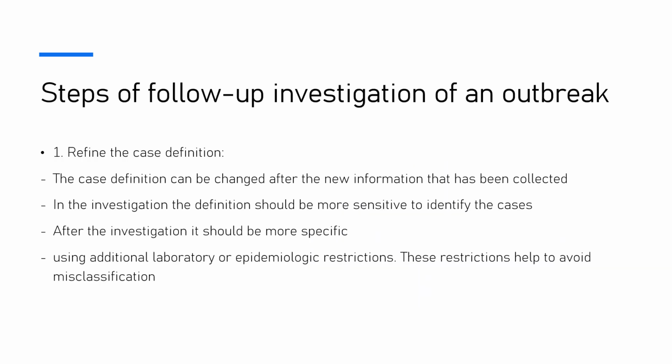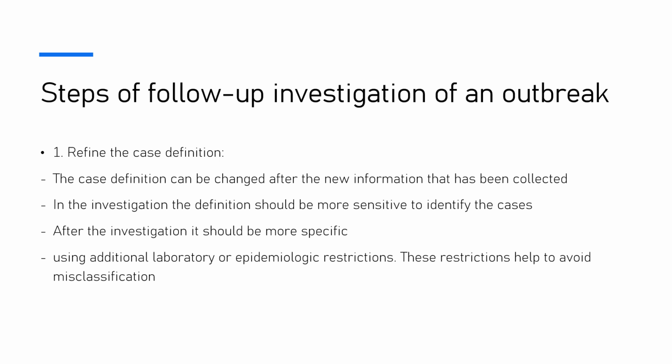After we finish the steps of investigation of an outbreak, we have 4 other steps, which are the steps of following up an investigation of an outbreak. The first step is to refine the case definition.